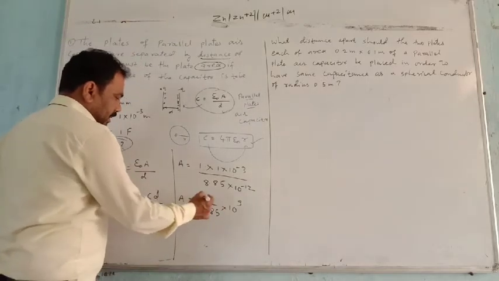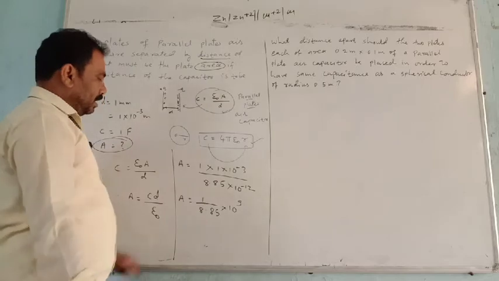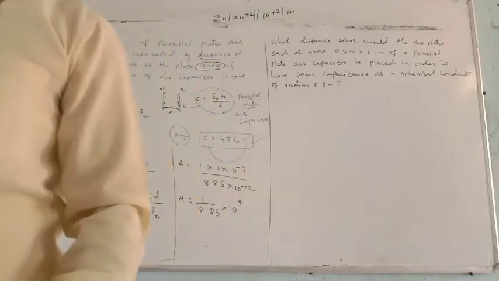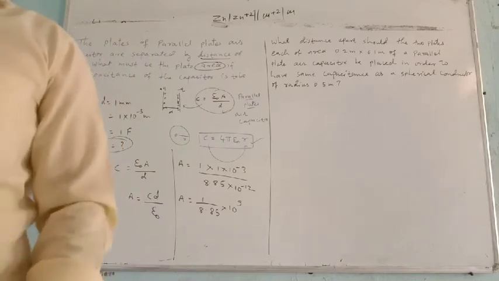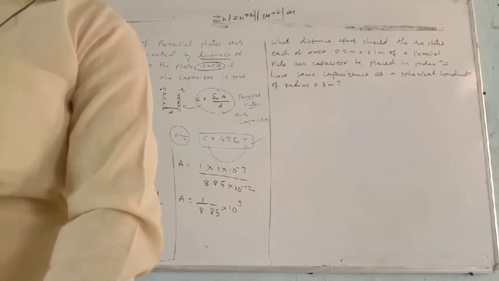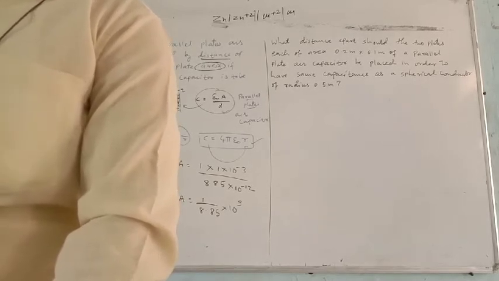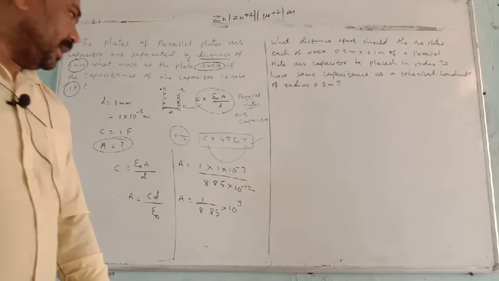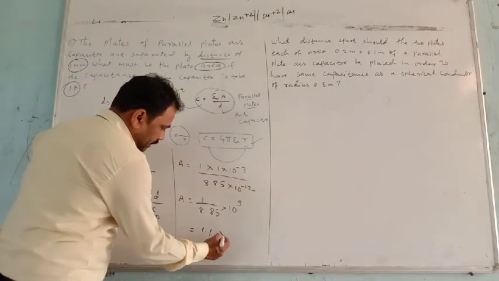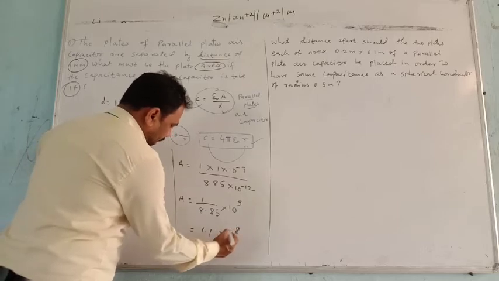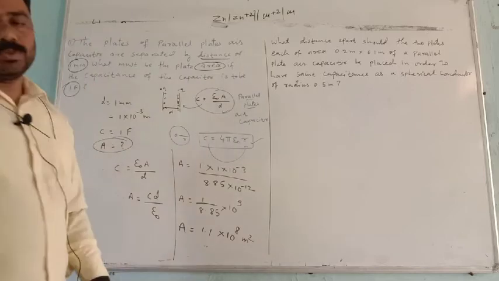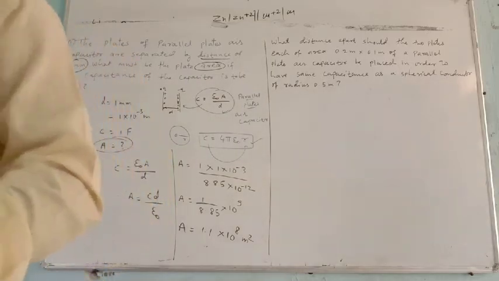And what is the inverse of 1 upon 8.85? That is approximately 1.1. So we get 1.1 into 10 to the power 8, and since this is an area, the unit is meter square.